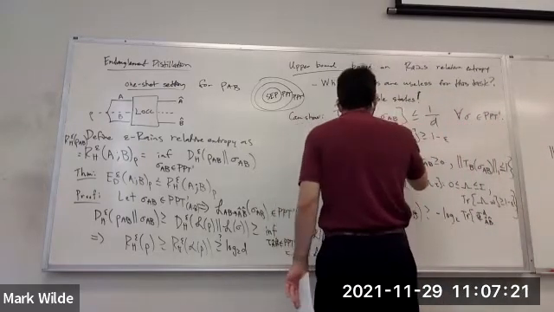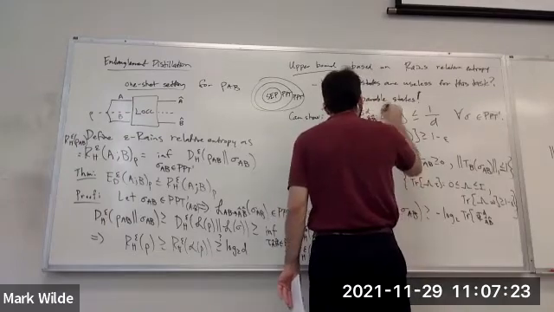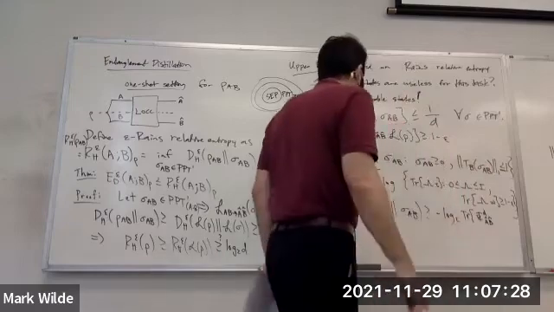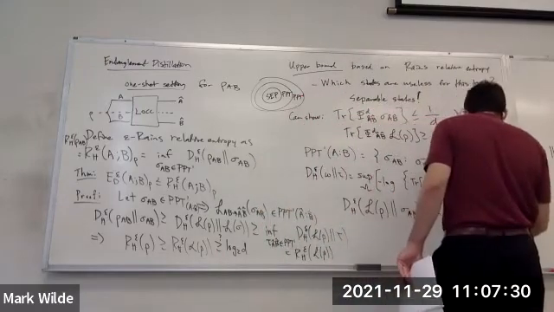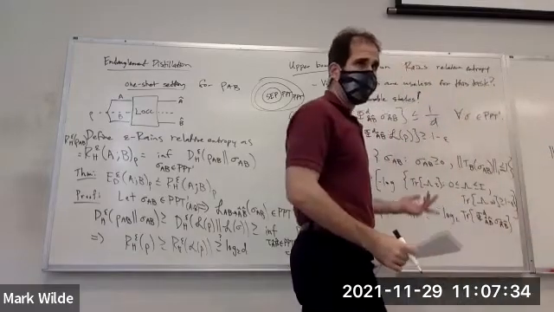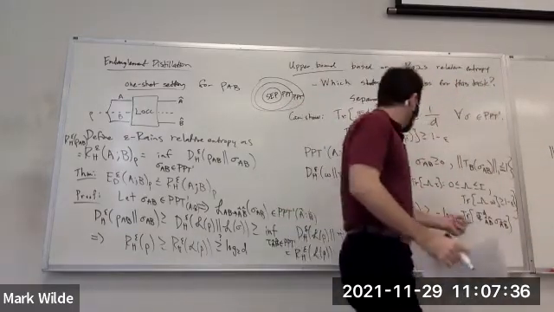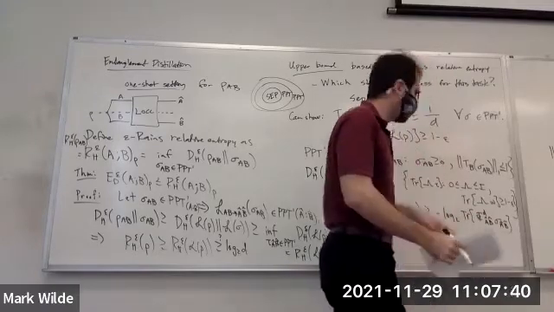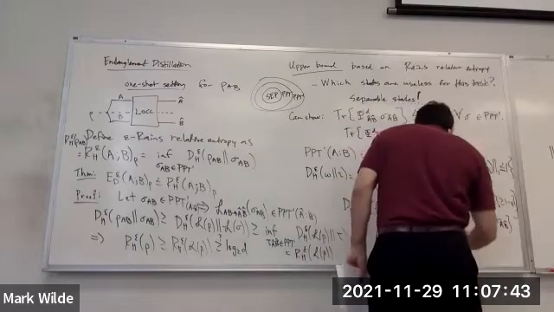Okay, sorry, we should put hats on all of these now. Right. And then sigma hat. And now what? I think you see it, right? This quantity is an upper bound of 1 over d, and then with the negative log, it becomes log d.